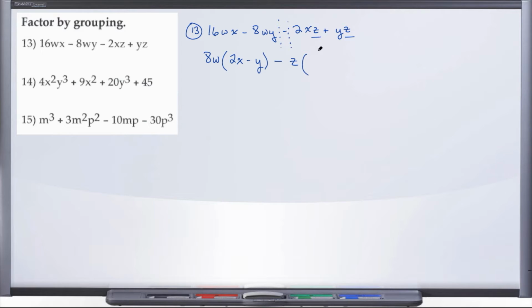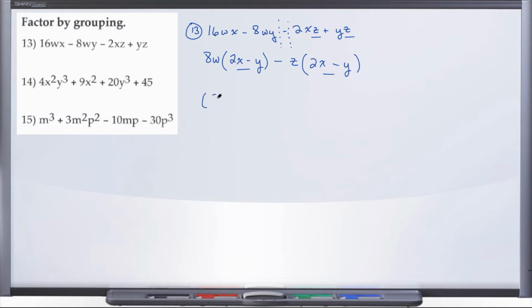And when we do, what are we left with? Well, negative z times what gives us negative 2xz. Well, that's just going to be a 2x. And negative z times what gives us a positive yz. Well, negative z times negative y gives us a positive yz, doesn't it? And we can see that the sets of parentheses we're working with match identically, so that's good.